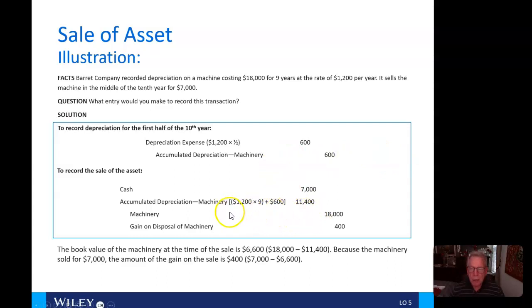And then that's going to result in a $400 gain in this situation. And we could look at it a little differently because the machinery is sold for $7,000 and our book value was $6,600. That's another way of backing into the gain on this transaction.